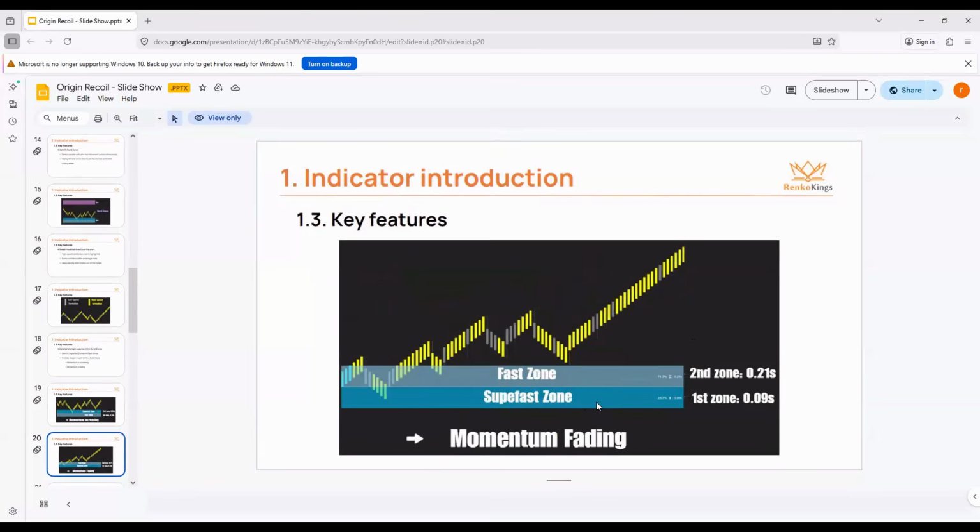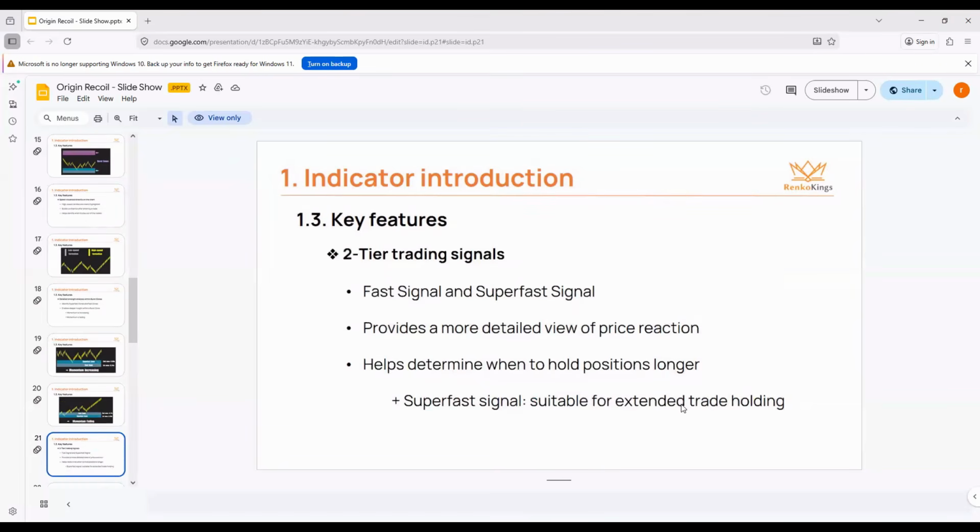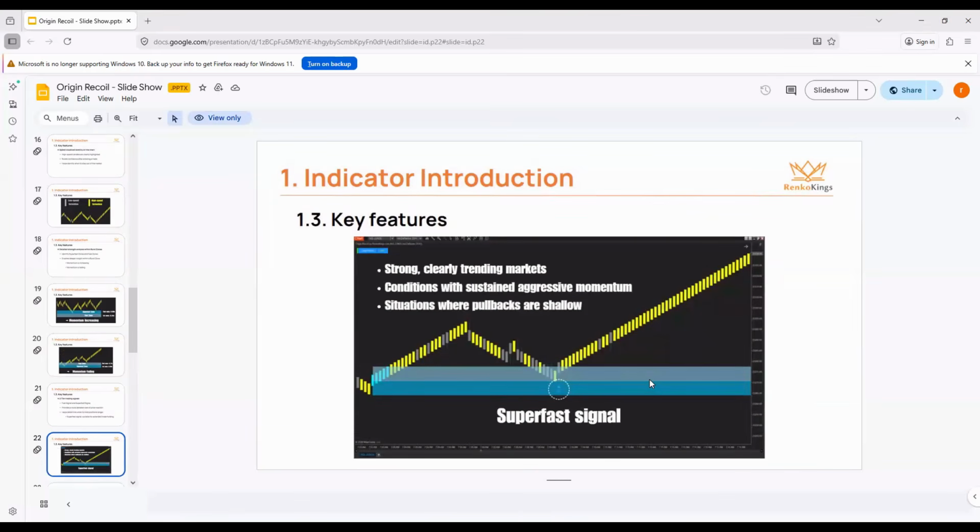I guess fast is it just leaves immediately, and the more dark blue is the super fast. I don't know why one of my charts looks weird. Okay, right. So it looks for reactions after price enters these zones.